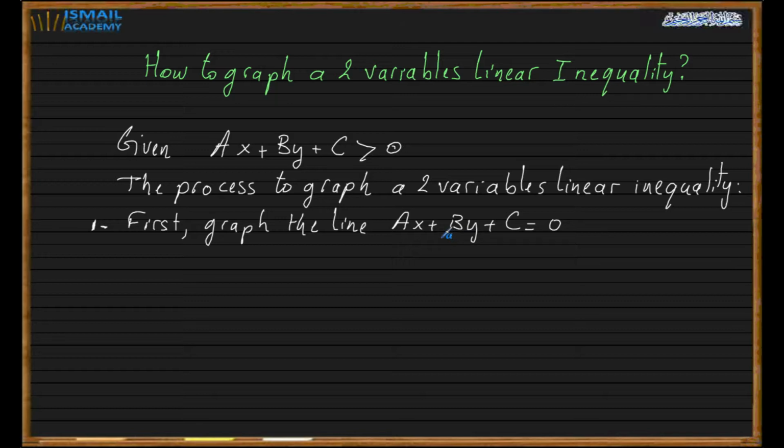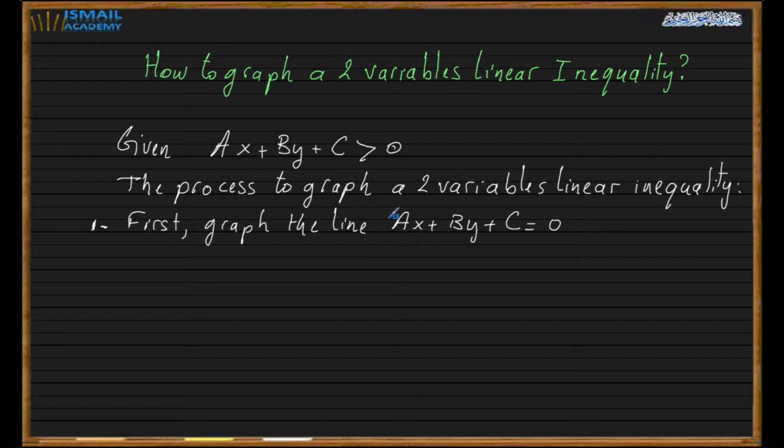You can use either the point slope or the intercept. Any method you want to use is your choice. If you forgot how to use those methods, you can see my video about how to graph a linear function, where you learn how to graph using either the intercept point or the point slope.